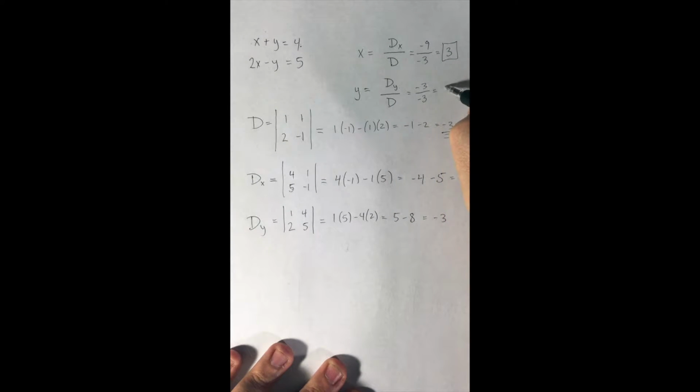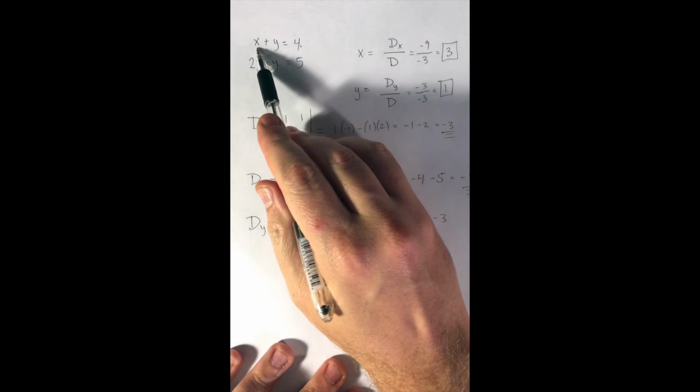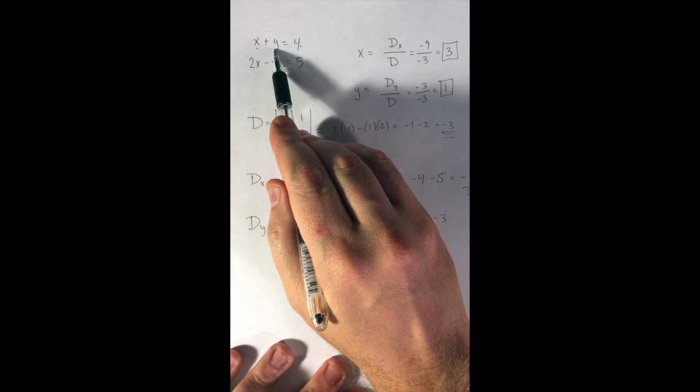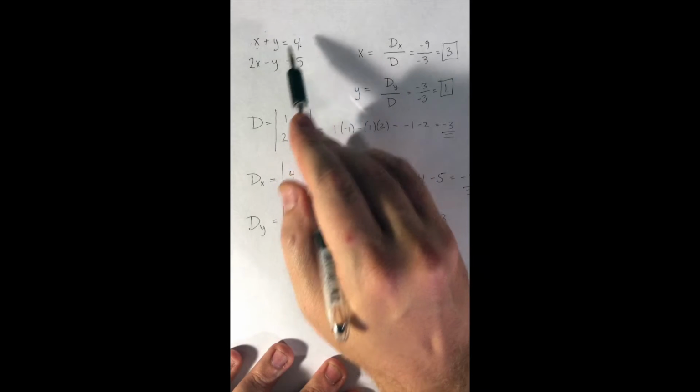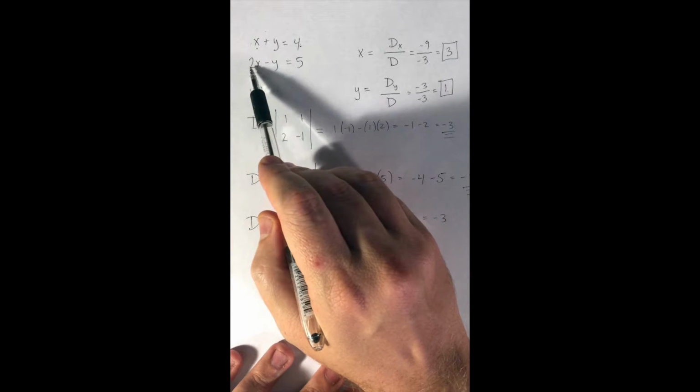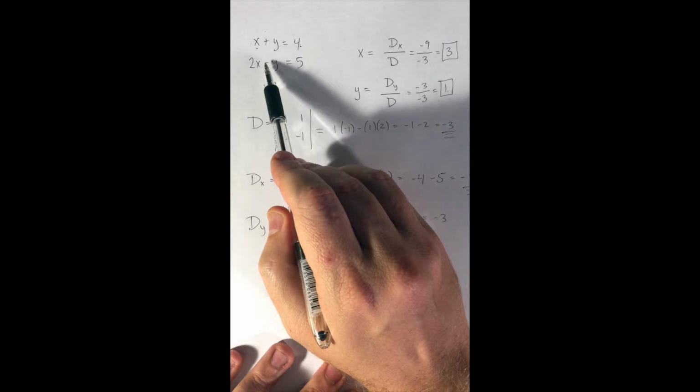That means the y value that solves the system with this x value is 1. So we have 3 for x, 1 for y. If you plug in 3 for x here and 1 for y here, 3 plus 1 gives you 4. If you plug in 3 and 1 over here, you get 2 times 3 is 6, minus 1, you get 5.